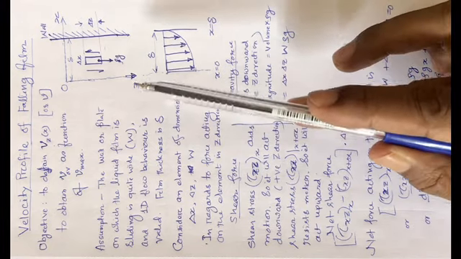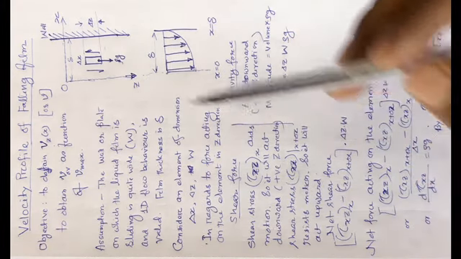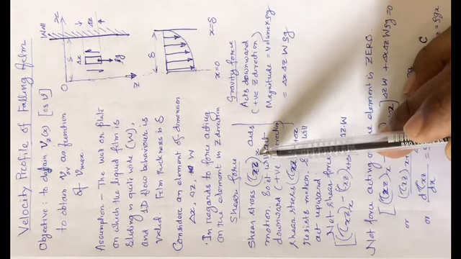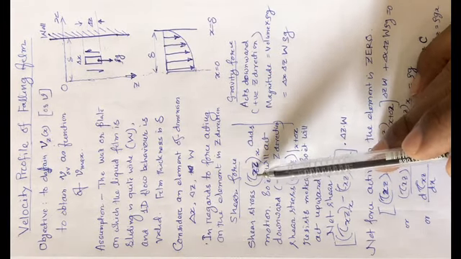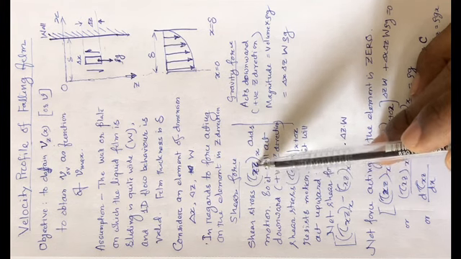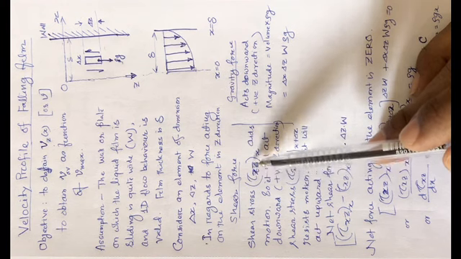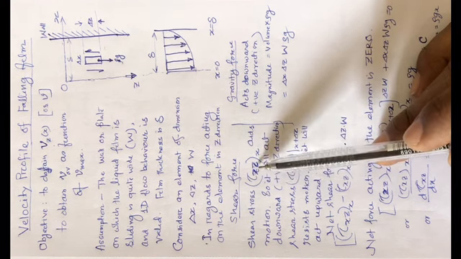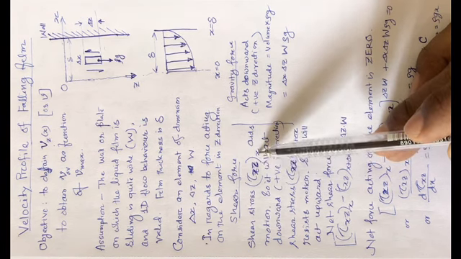Now let us think about the positive z direction. So this is the positive z direction at a location x. Let us note the notation or subscript used here: tau_xz means the shear stress in the x direction due to z velocity at location x.